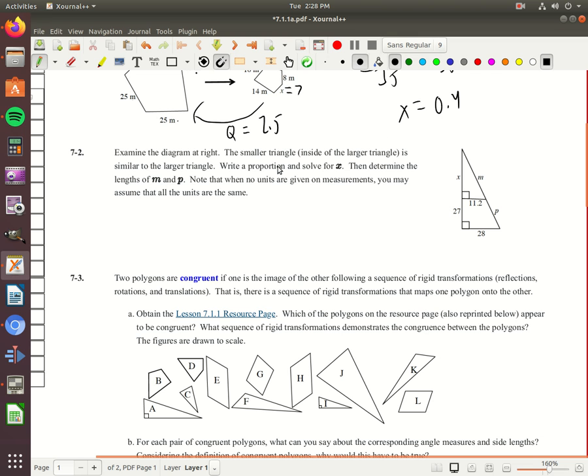So it says write a proportion to solve for x. Well, first of all, I think that the idea, I guess that's fine. So the smaller side would be x. And we know that the proportion is x is the same as x plus 27, right?